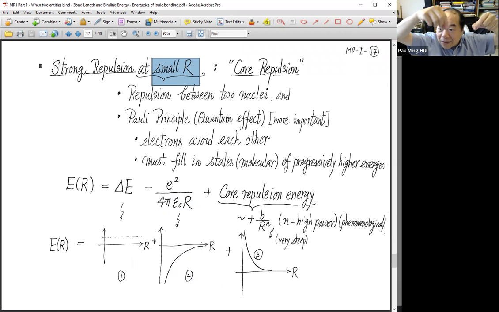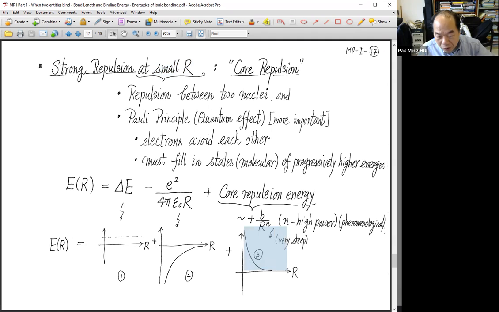The nuclei are positive in charge. Although the ions have a net plus and net minus, the two nuclei start to see each other, and they repel. The electrons have to live very close to each other, and the Pauli exclusion principle also leads to a repulsion. So this is a phenomenological thing called core repulsion energy. Now you put the three terms together.